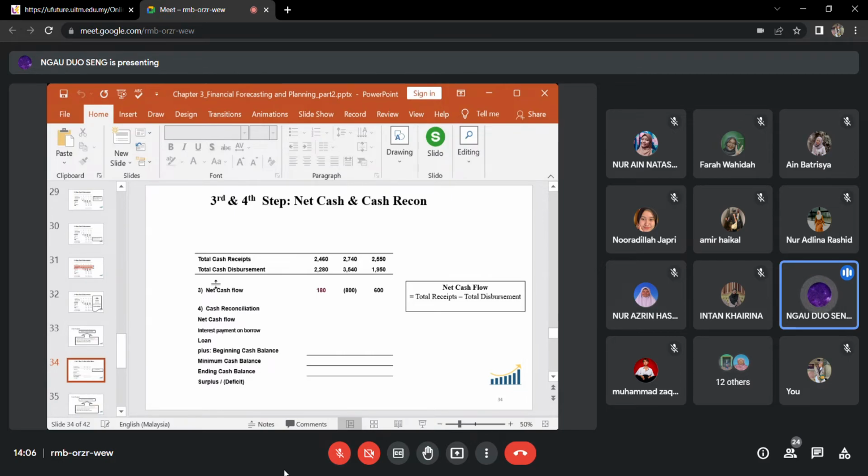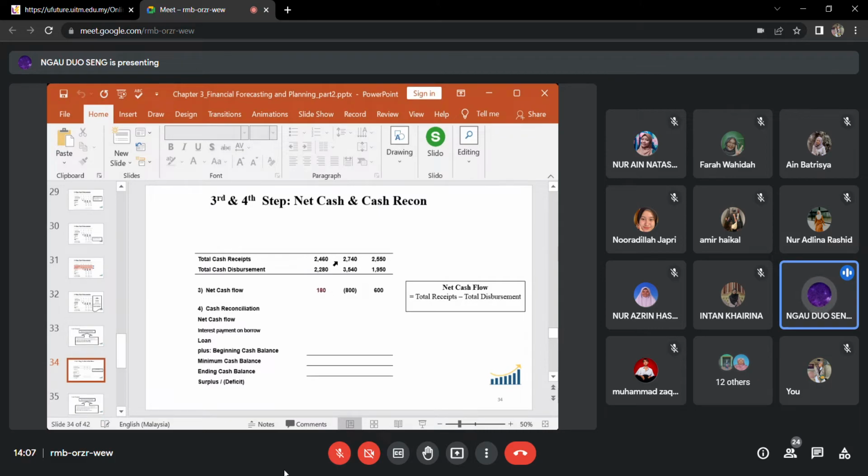All right, so we just minus, so we have using $2,460, 2,280, we have 180. Okay, so this one we said there are the positive answer lah.